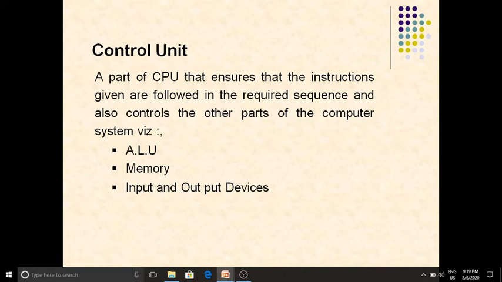It is a part of the CPU that ensures that the instructions given are followed in the required sequence, and also controls other parts of the computer system, that is the ALU, memory, input and output devices. It controls all the instructions passed by the user, and also the connections which are connected to the ports. Students, this is the control unit.